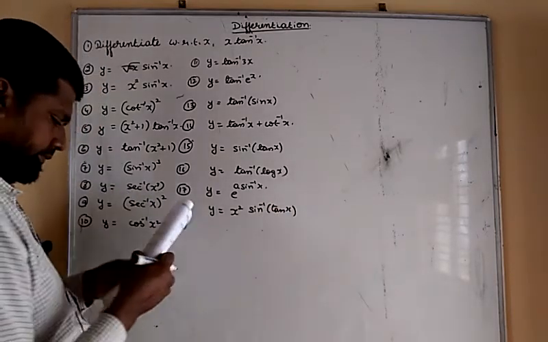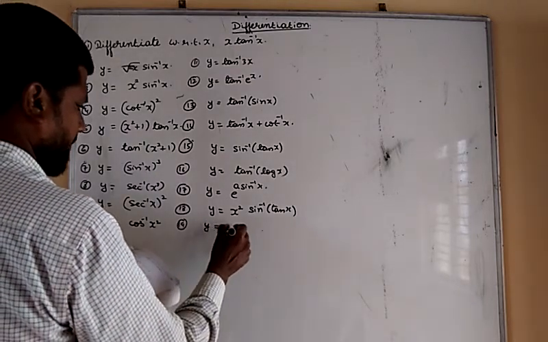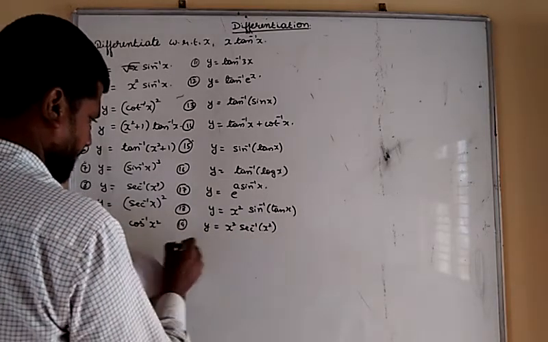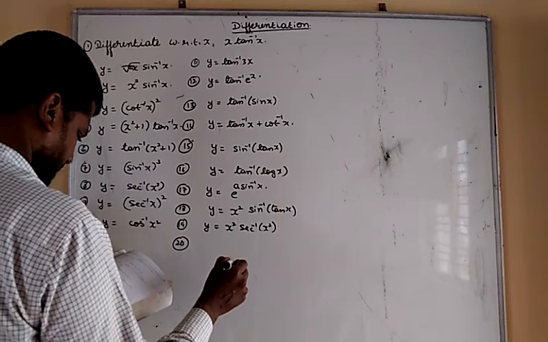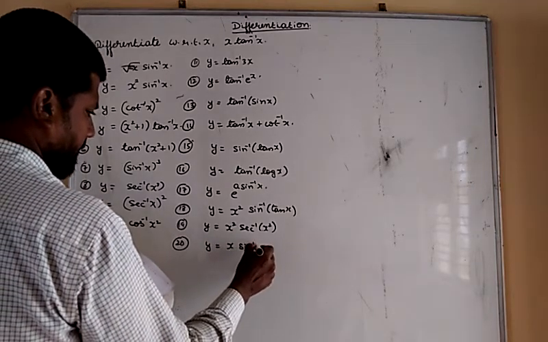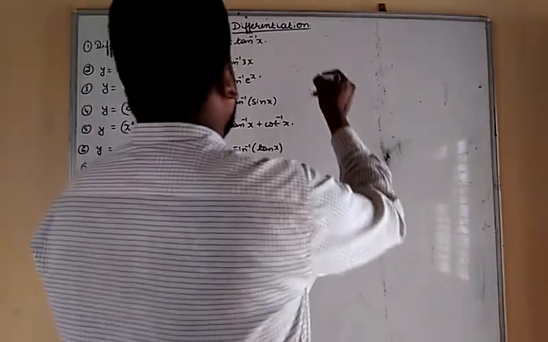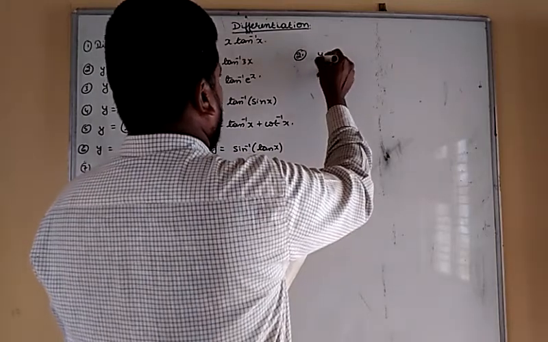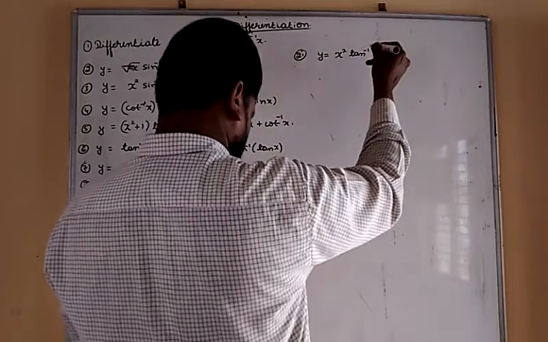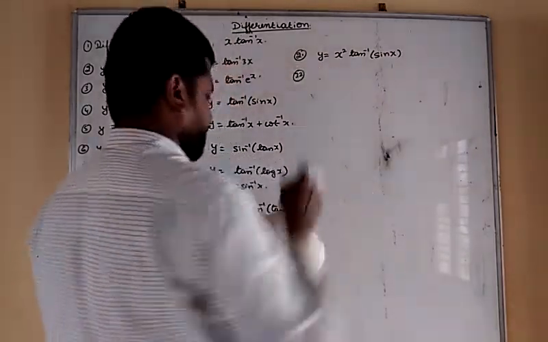Next one, y is equal to x square secant inverse of x square, then 20th, y is equal to x sine inverse root x. The next question, y is equal to x square tan inverse of sin x.